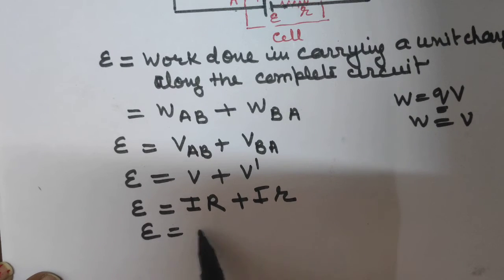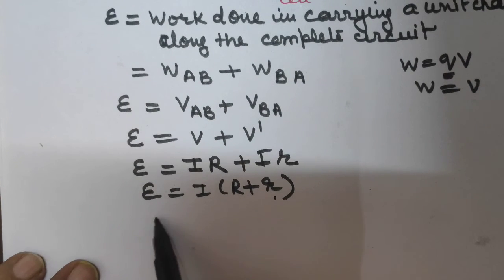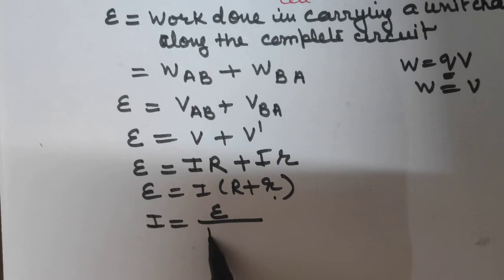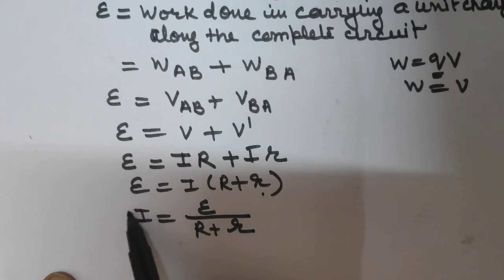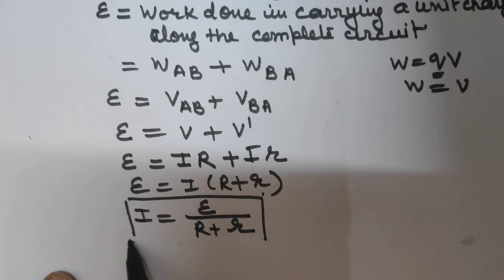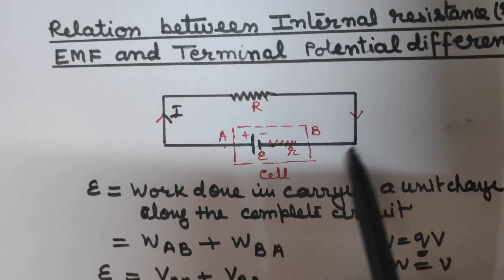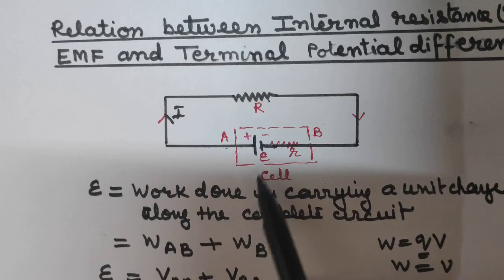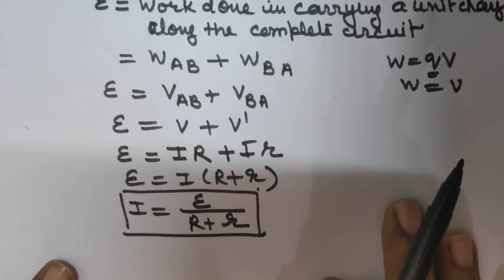So E equal to I (R plus r), or I equal to E upon R plus r. We can say that the external resistance and internal resistance are connected in series.